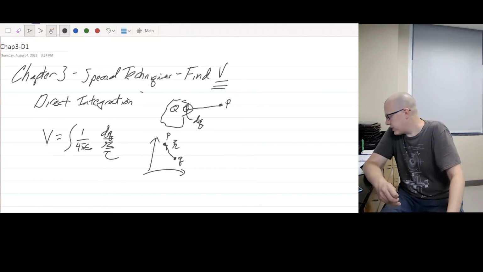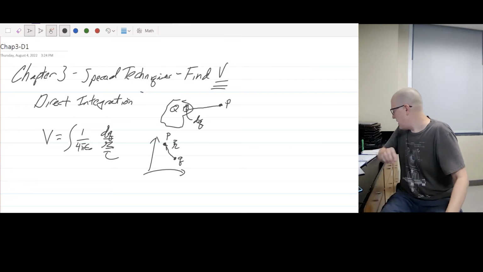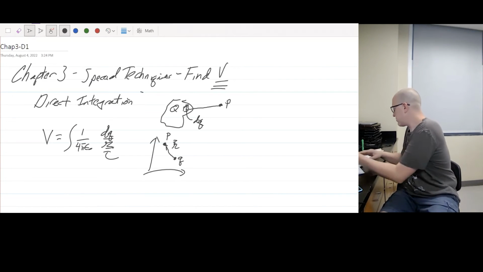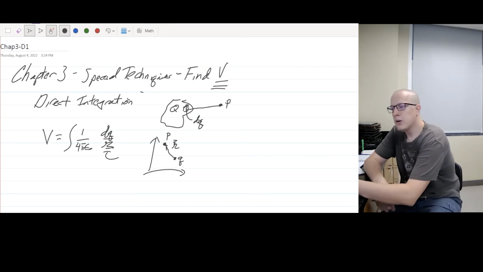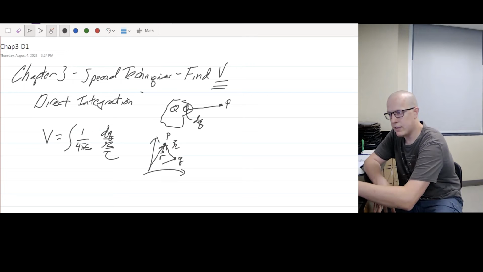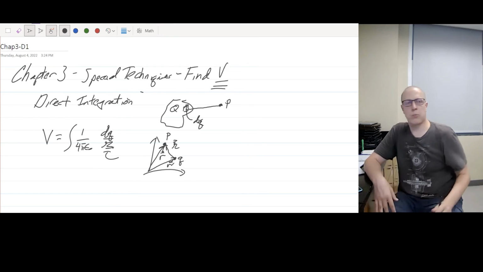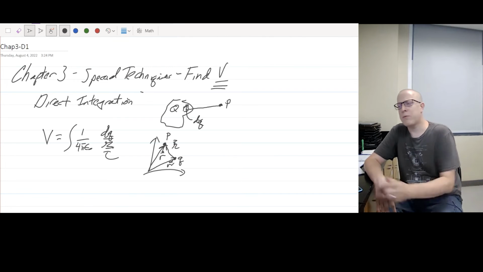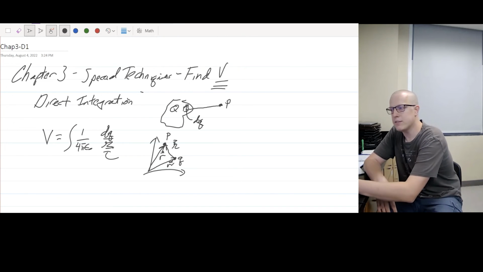And so when we're talking about what script R is referring to, what we're really thinking about is this vector, which is regular R, not script, just regular R, and this vector, which is what we usually refer to as R prime. If I were to add vectors, remember that you can add vectors head to tail.